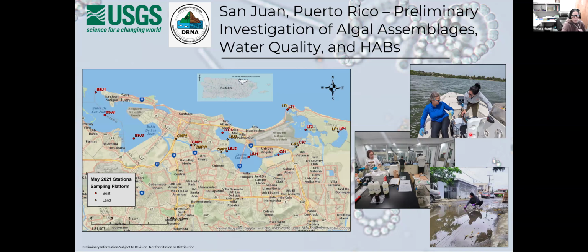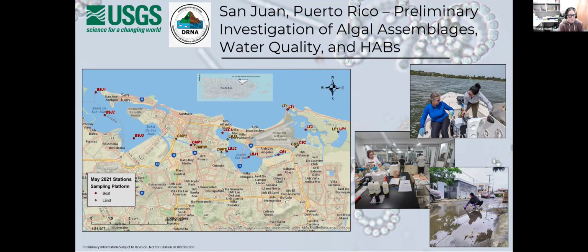While we were out there, the captain of the boat we chartered, who mostly does fishing charters but also helps PRDNER with their sample collection, was telling me he sees harmful algal blooms out there, mostly in the wintertime. Our samples were done in the summer, and we didn't see a bloom at any of the sites. So we definitely want to go back in the winter. I'm still working up the data on this.